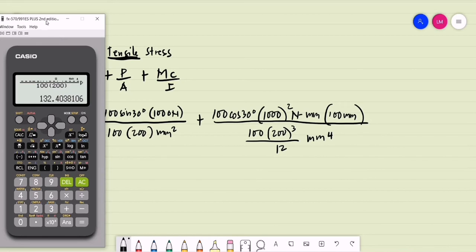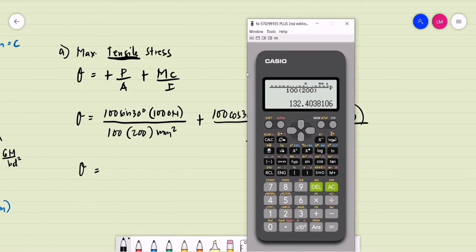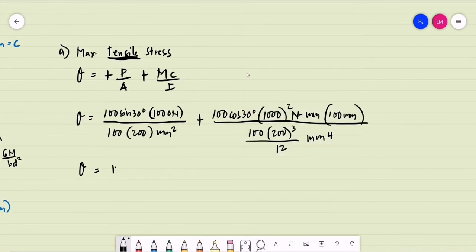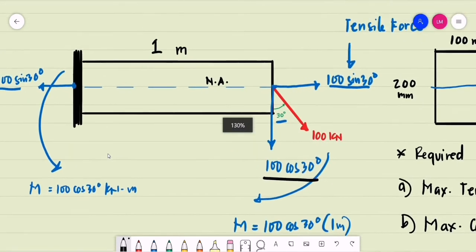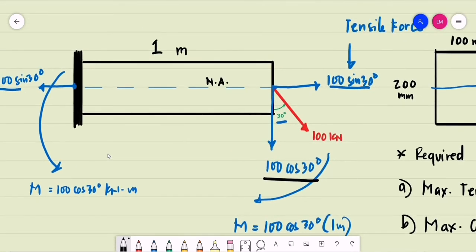So we have the maximum tensile stress equal to 132.404. If you are to do unit analysis, newtons per square millimeter is the megapascal. This is the maximum tensile stress developed in the beam, and that is at the fixed support of the beam.